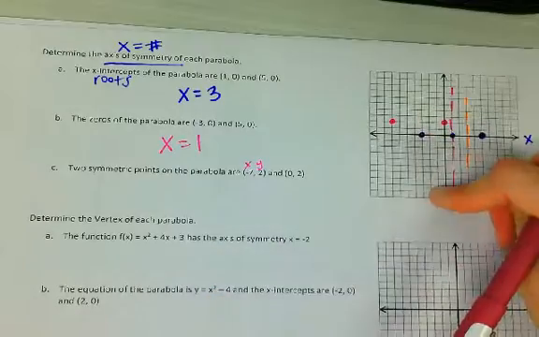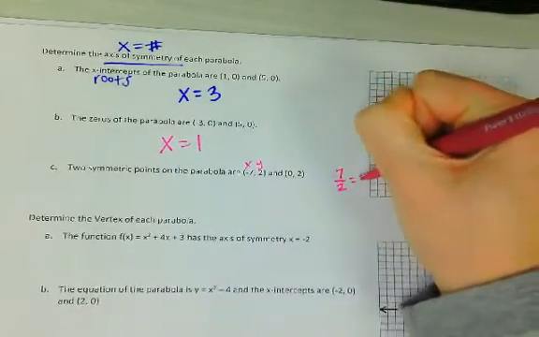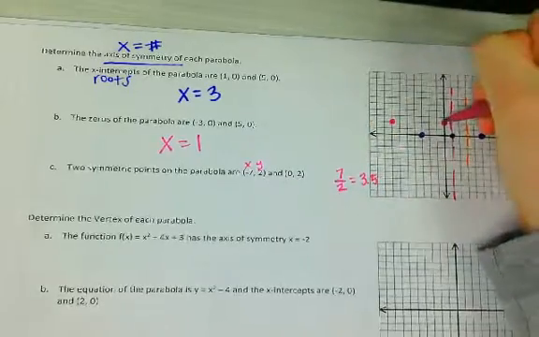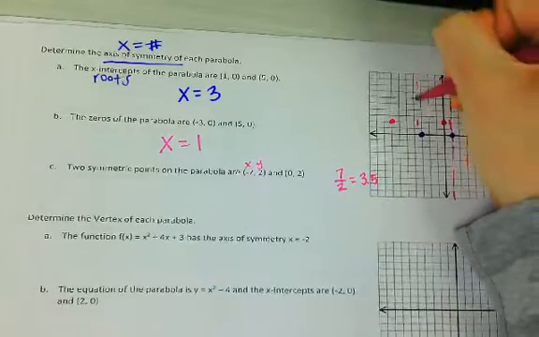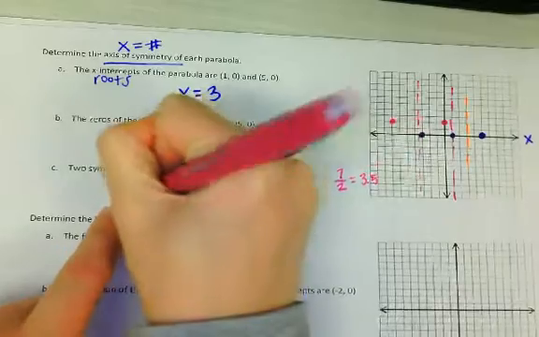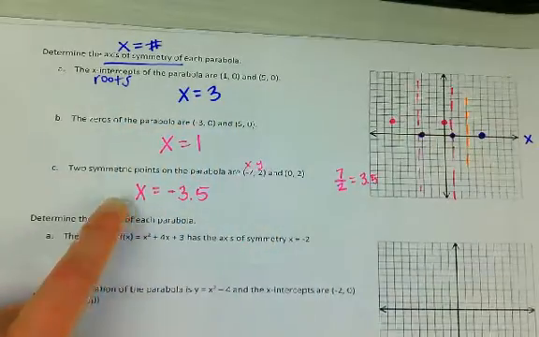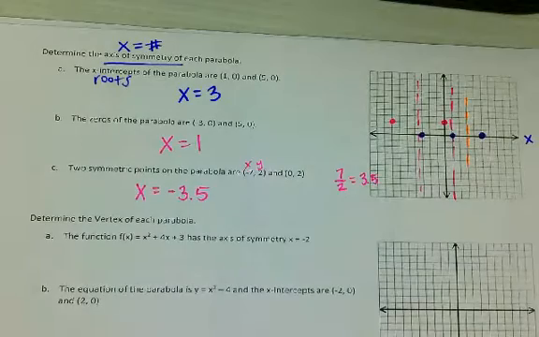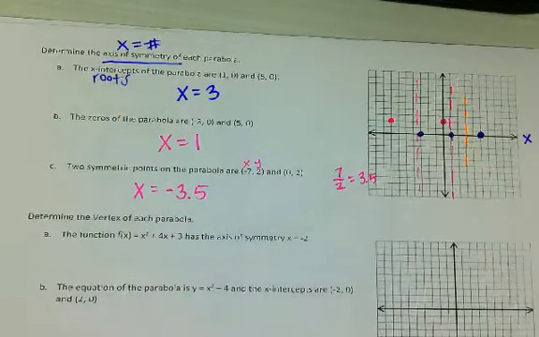So think about what the exact middle would be. Do 7 divided by 2 if you need to. It is 3.5. So directly 3.5 between these 2 points would put me at x equals negative 3.5. So we're just using the symmetry of the graph to find the axis of symmetry. Well, that sounded redundant, but that's what we're doing.